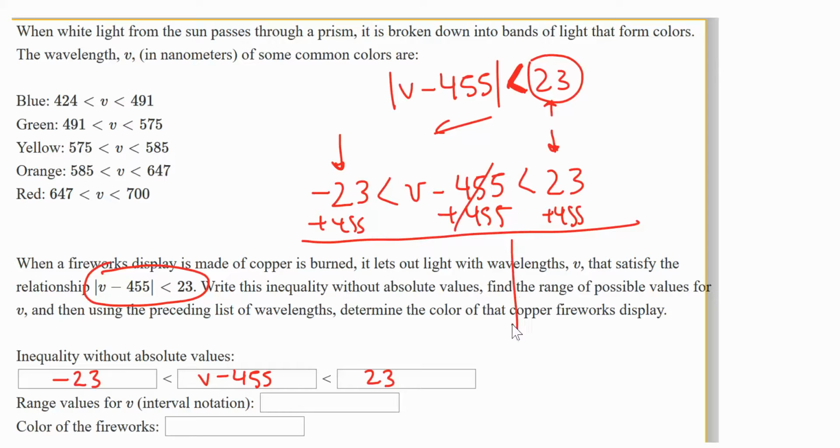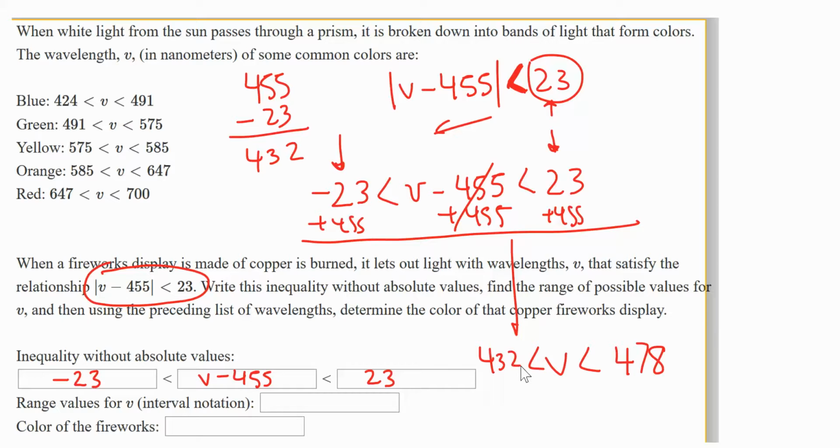This is V. So 23 plus 455 would give us 478. And then over here, negative 23 is going to be a subtraction. So 455 minus 23 would give me 432.